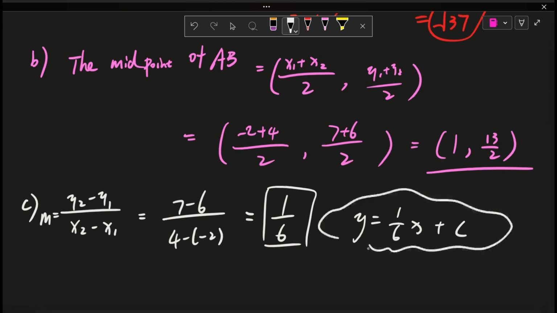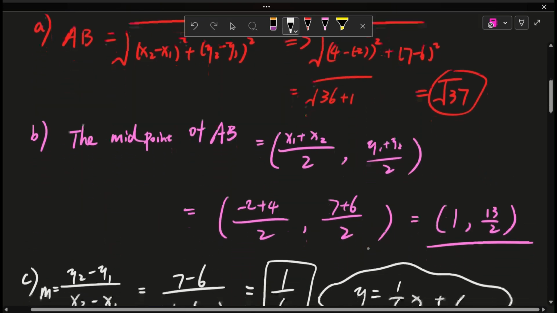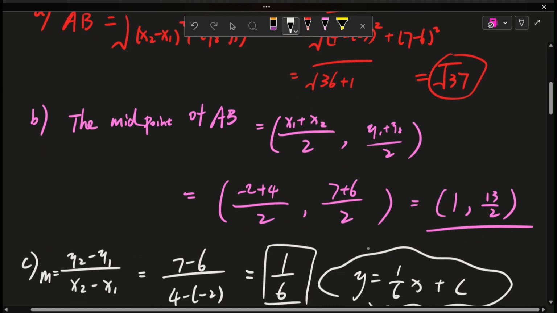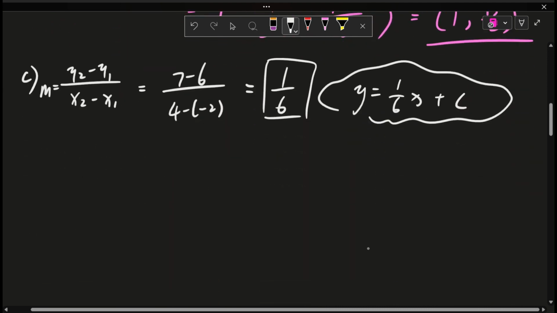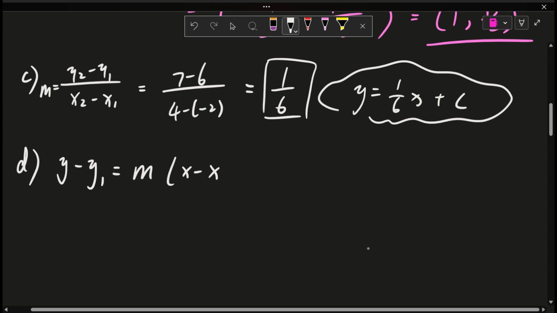So far, perfect. And we're going to find the equation of the line, so we need the y-intercept. Question D. For the equation, we can substitute the gradient into y minus y1 equals the gradient times (x minus x1).